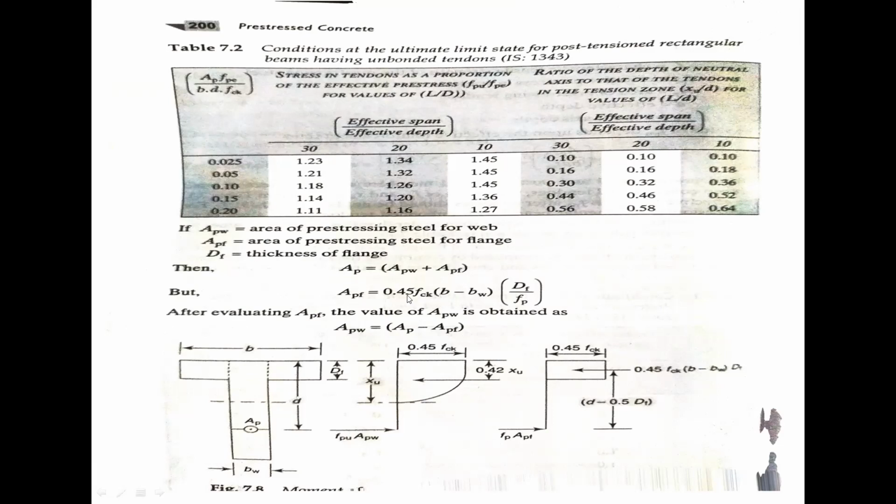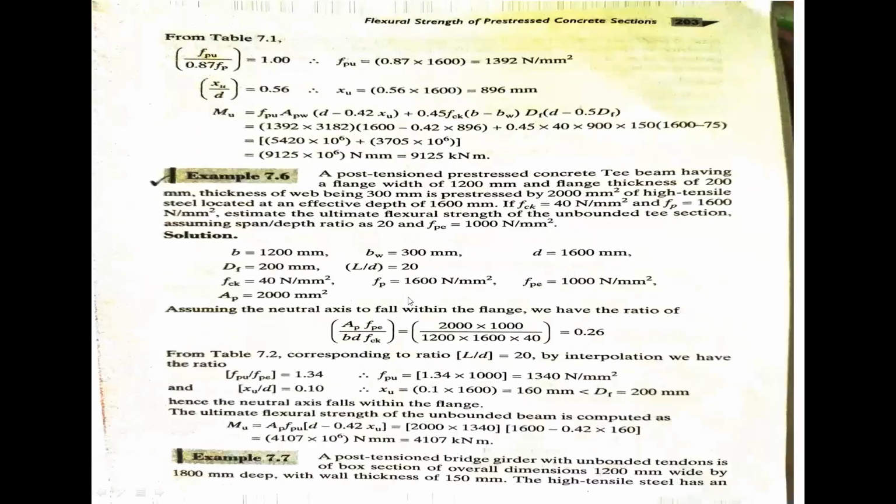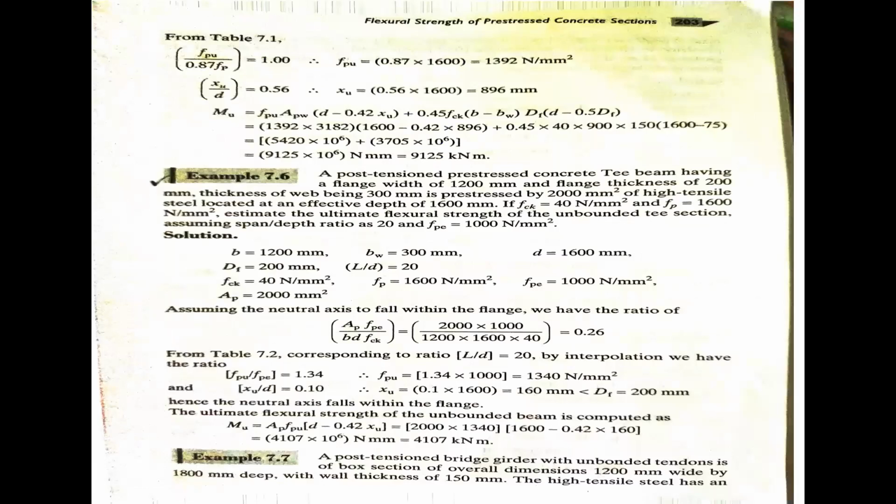You have to use these formulas for rectangular sections. Okay, this is Table 7.2. So you have to calculate this for a rectangular section, and for the box girder you have to use this formula. Okay. Now there is a small difference for this problem between these two problems, Example 7.6 and 7.7. You have to note the difference.